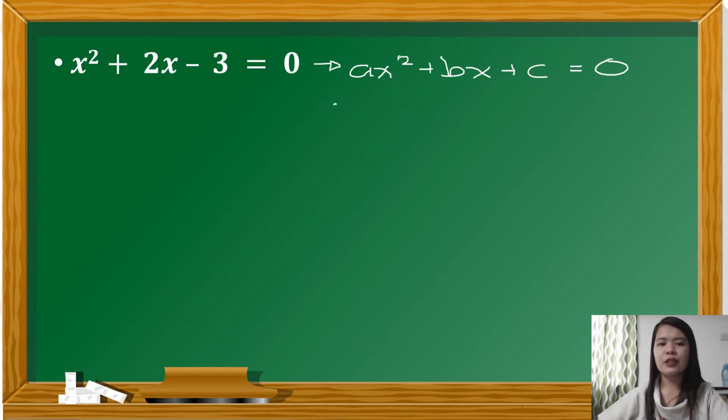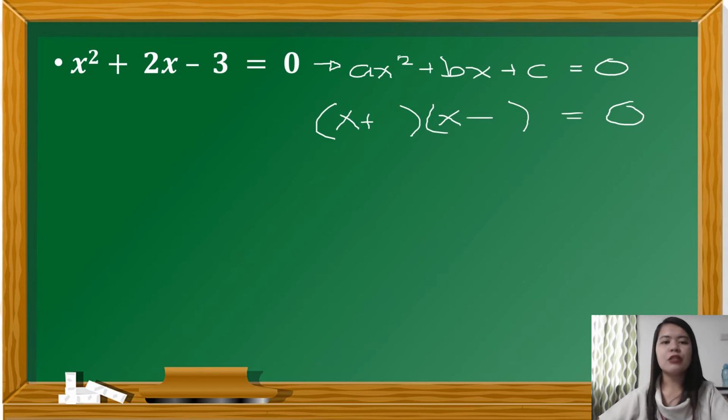So, let's observe the sign of our trinomial. We have positive, negative, so it means that the sign of our binomials will be positive, negative also. Okay, now let's proceed to the factors of x squared. The factors of x squared are x and x because x times x is equal to x squared.